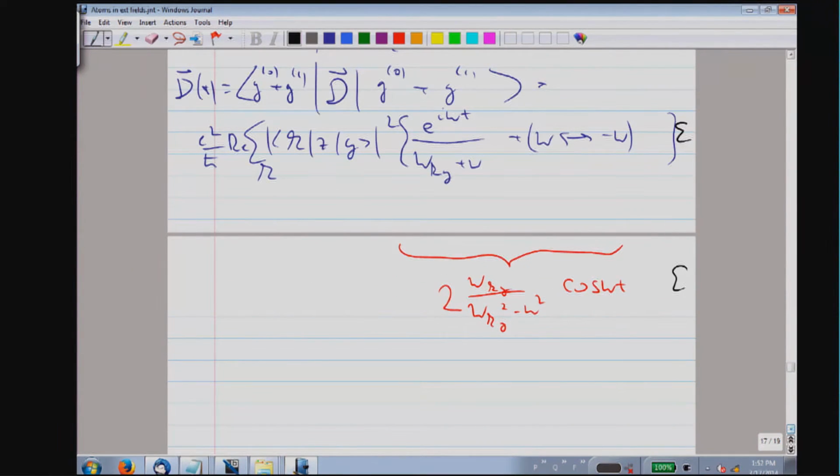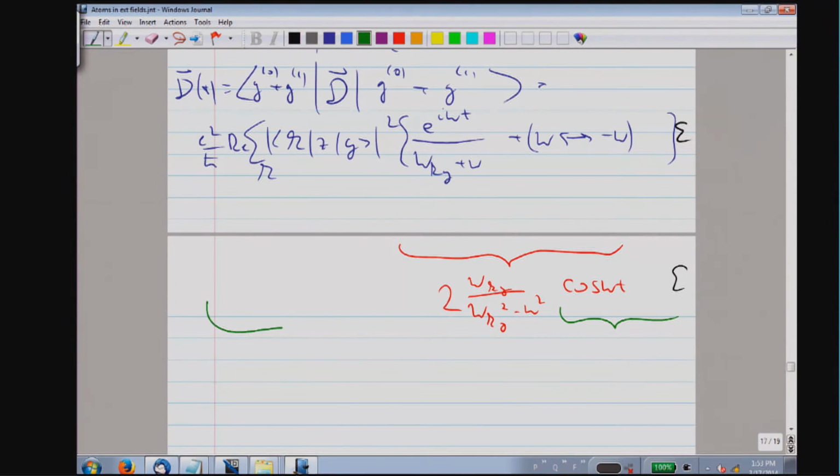And now finally, we have the matrix element, we have integrated the e to the I omega t function and such. So what we have here now is the time-dependent electric field. And what we have here is the factor by which we multiply the electric field to obtain the dipole moment. And this is the definition of the now time-dependent or frequency-dependent polarizability.